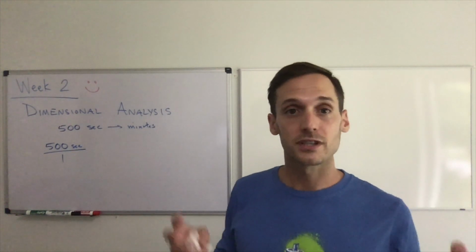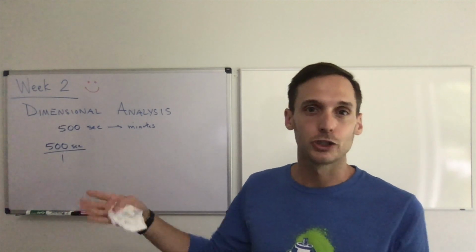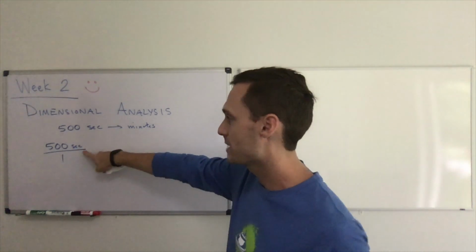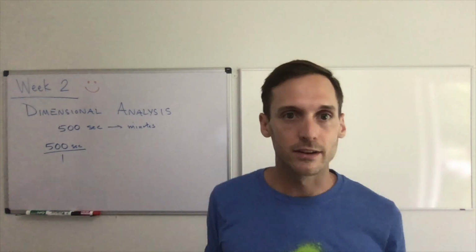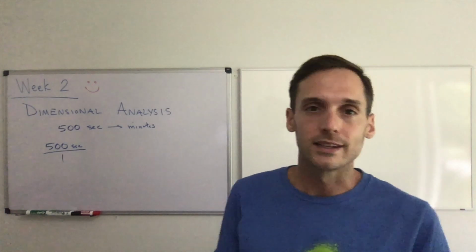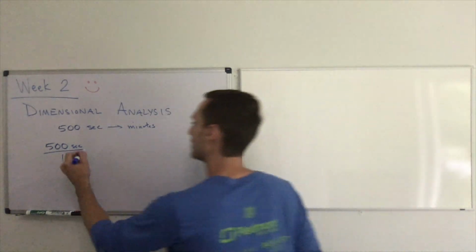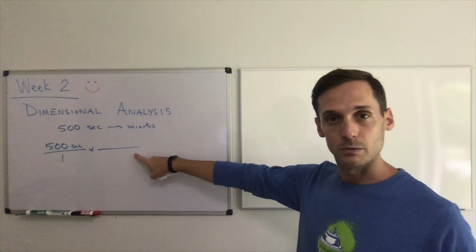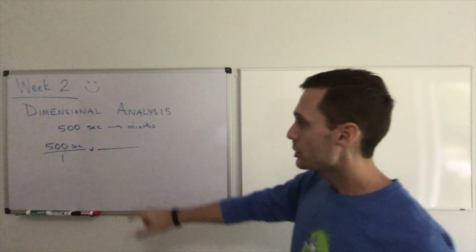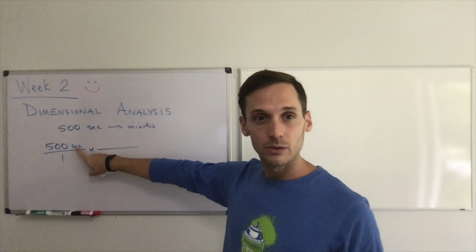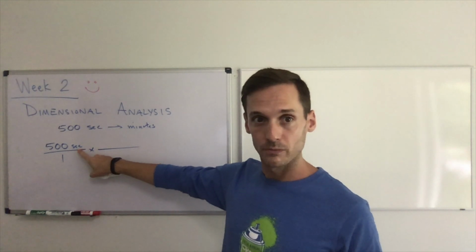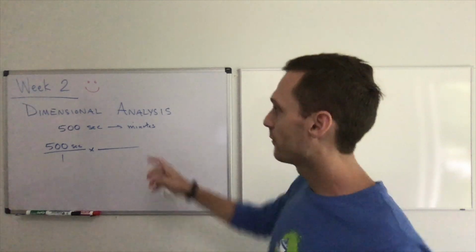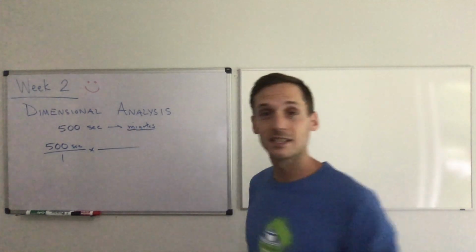That's going to be the first fraction in your inevitable fraction train that's being multiplied by each other. You'll put your given amount, 500 seconds, over 1, because we can make it a fraction just by putting it over 1, and it doesn't change the number. The idea with dimensional analysis is that our next fraction should get rid of the unit that we don't want anymore and bring in a new unit that helps us get towards our final unit, in this case minutes.